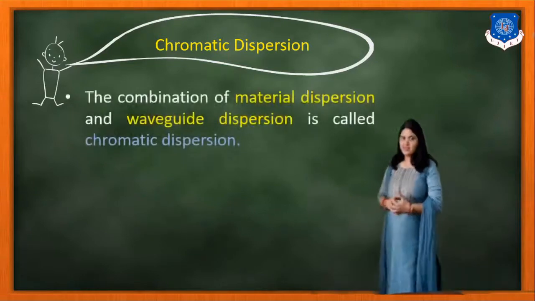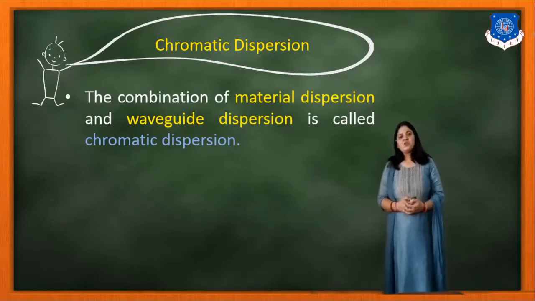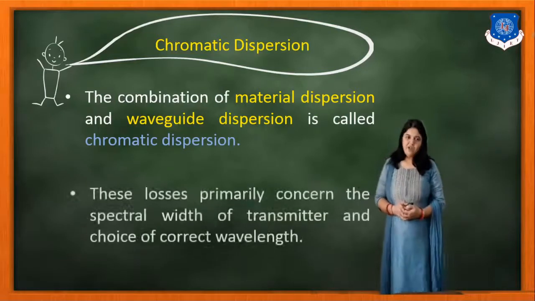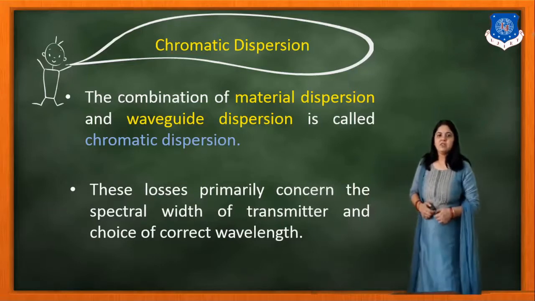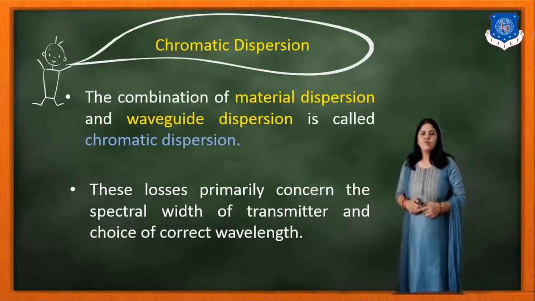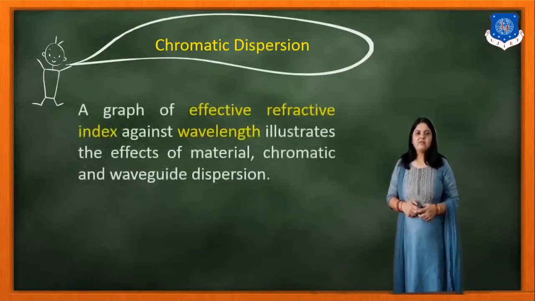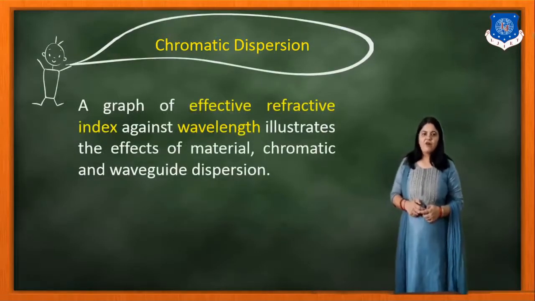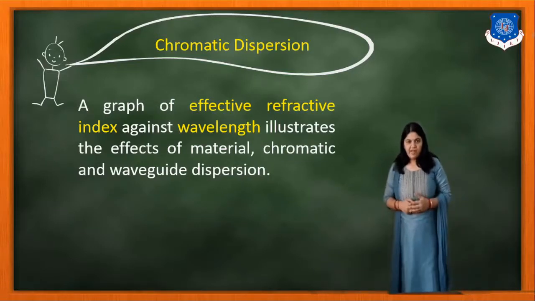Next is the chromatic dispersion. What is the chromatic dispersion? It's a combination of the material as well as the waveguide dispersion. This dispersion is primarily a concern for the spectral width of the transmitter and the choice of the correct wavelength. Now here we will see the graph of the effective refractive index against the wavelength.